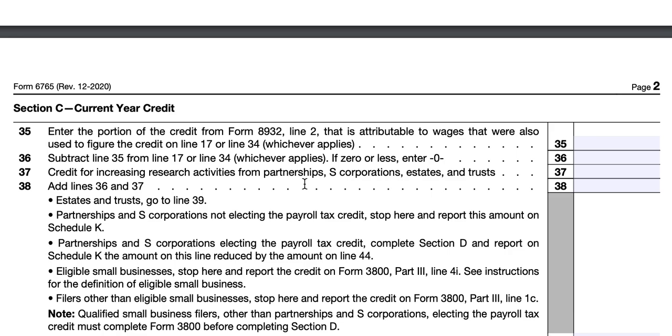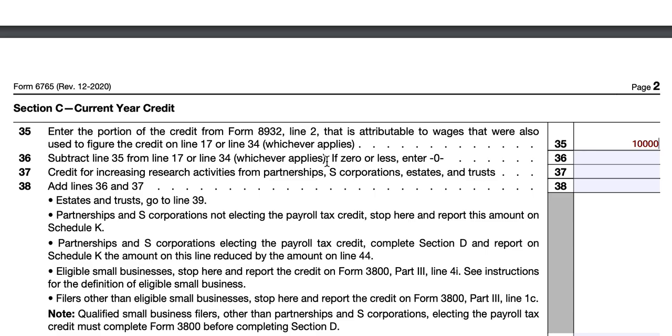So again, if you're taking a tax credit on a different form, the IRS will make you back out that part of the credit so that you're not double dipping. In this case, if you're taking a tax credit for employer differential wage payments, then you cannot also take that on the wages that you paid for research and development. So we're just going to use $10,000.